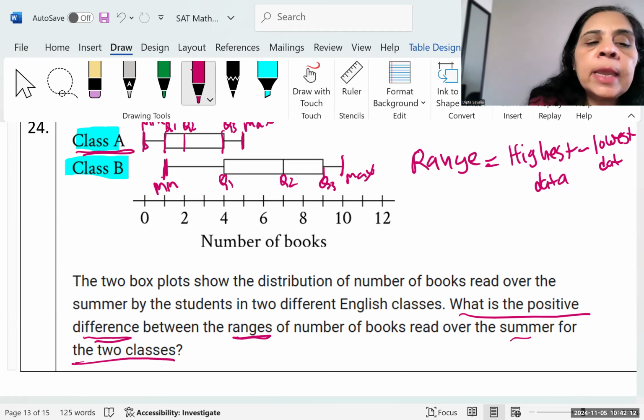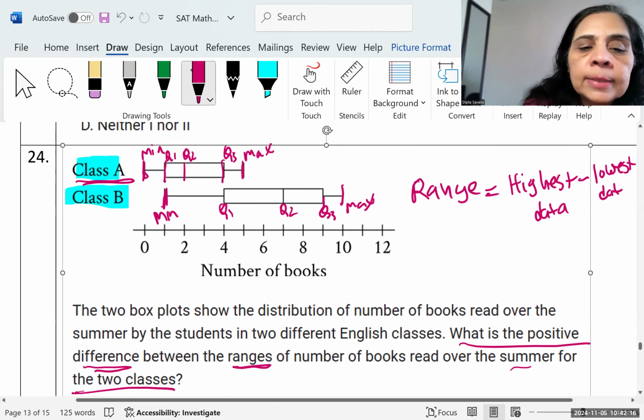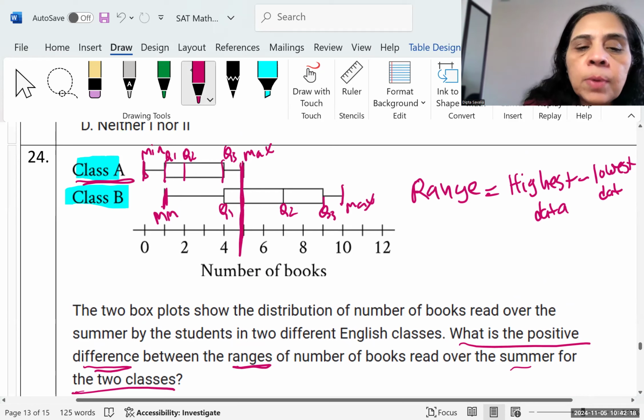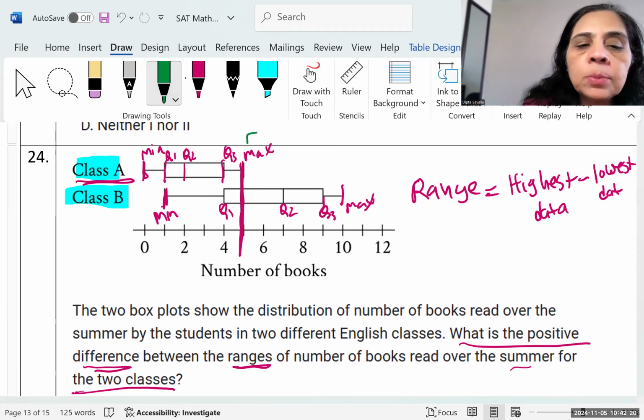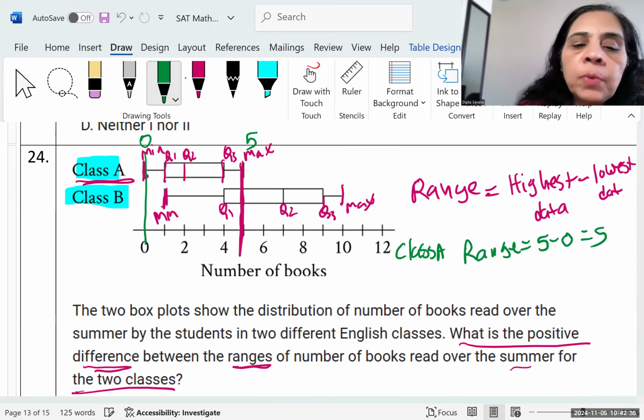So for class A, what is the range? Class A maximum is 5 and minimum is 0. So the range is 5 minus 0, which is 5. Now we will find it for the other one.